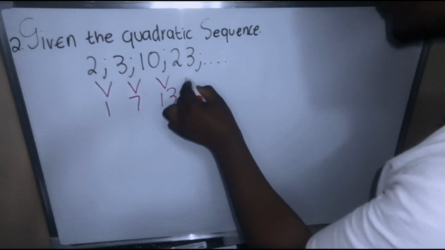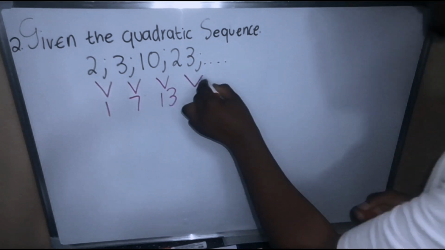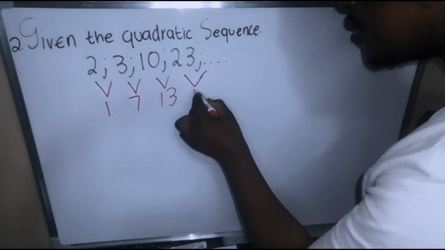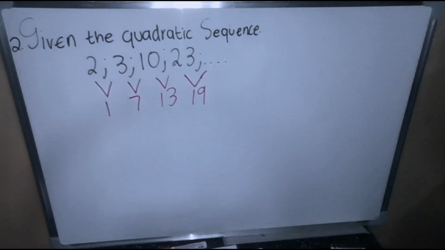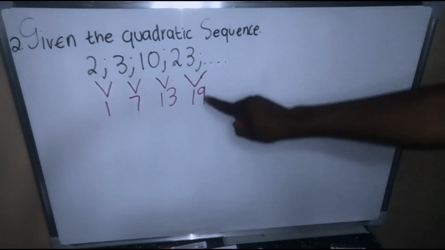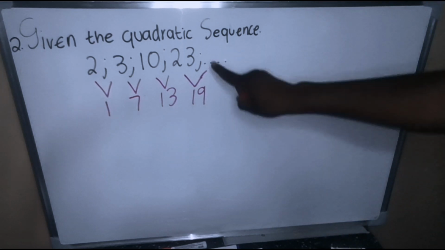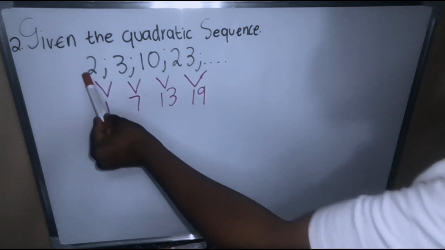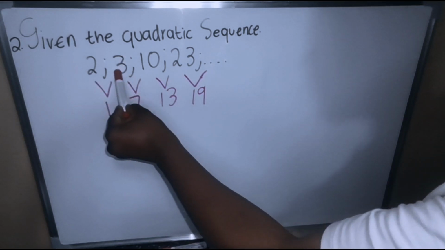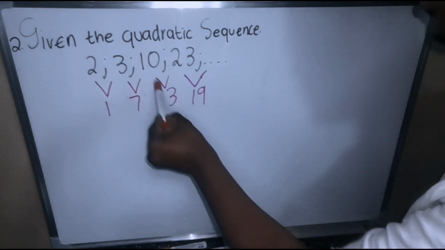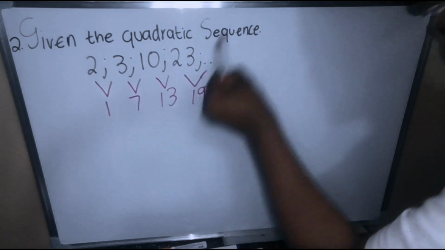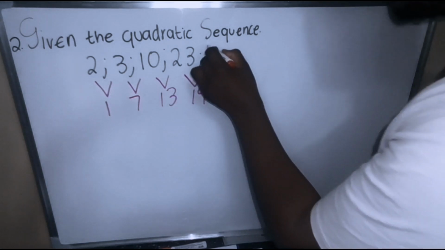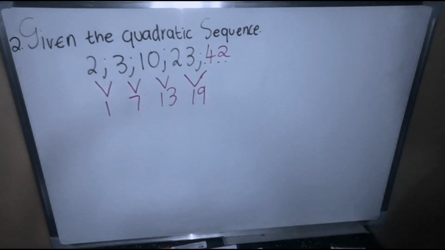We're gonna say 13 plus 6, that gives us 19. This 19 will help us to find the next term. How are we gonna find that? We know 2 plus 1 is 3, 3 plus 7 is 10, 10 plus 13 is 23, 23 plus 19 is 42. The next term is 42. I hope we are clear.